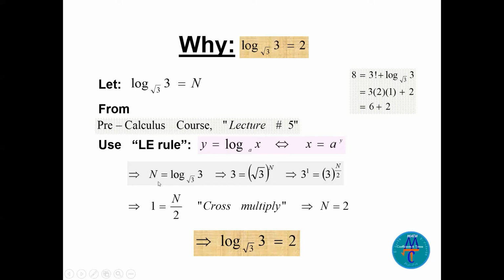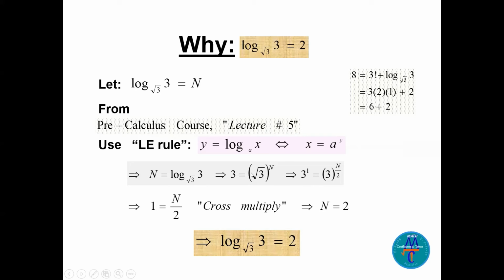Now, n here, see, n is the y, right? So n equals log base square root of 3 of 3, where 3 is the x. Base is square root of 3 to the power n. Now, square root of 3 is 3 to the power half. So we multiply the powers.